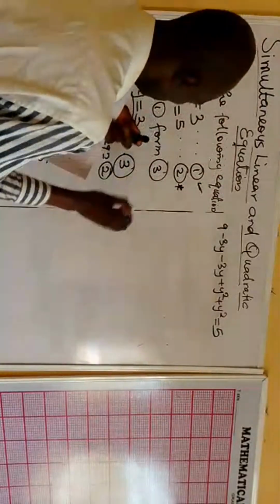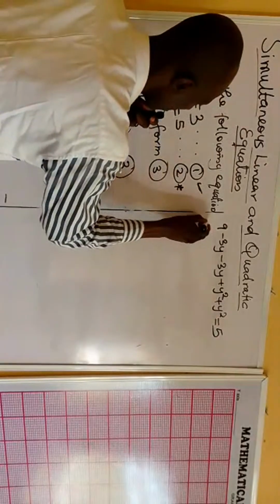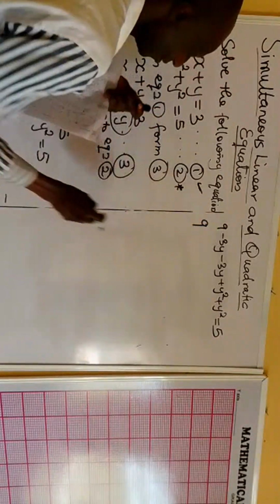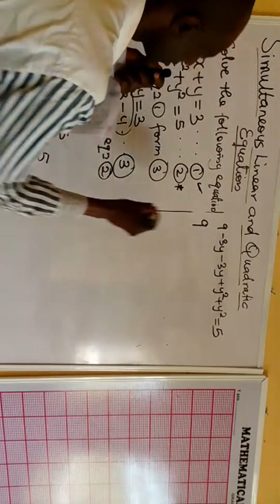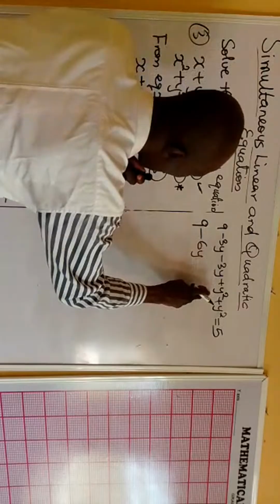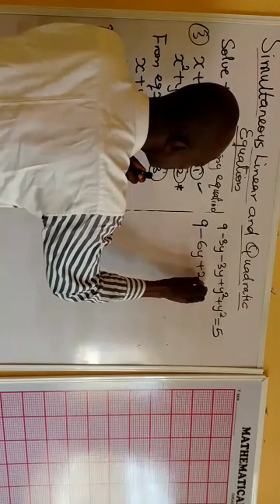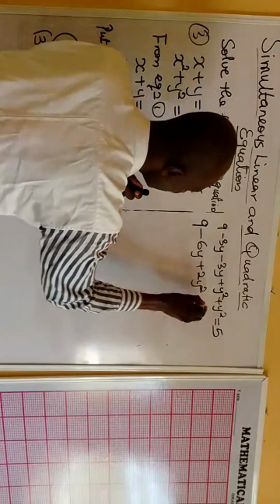Okay, now here is 9 minus 3y minus 3y is minus 6y. y squared plus y squared is 2y squared, equals 5.